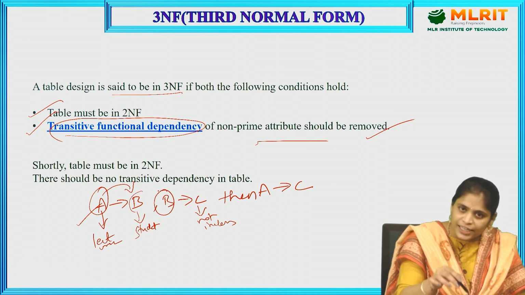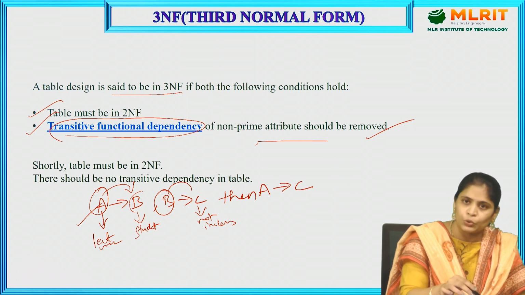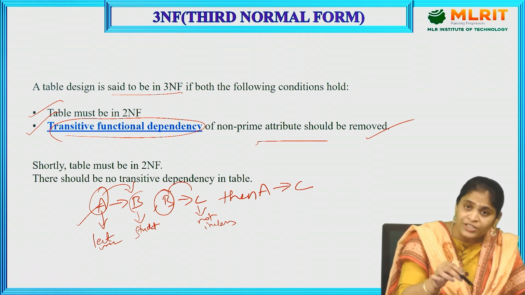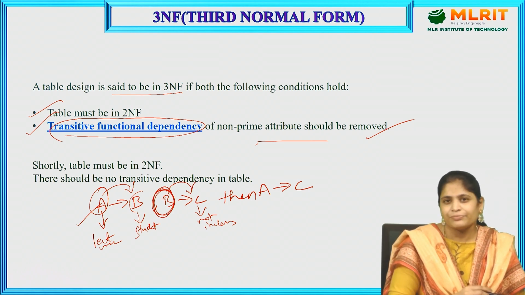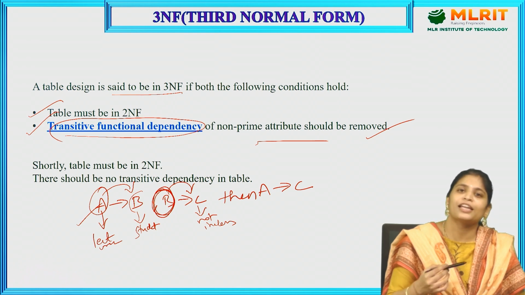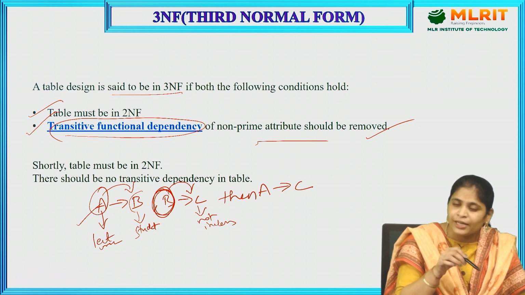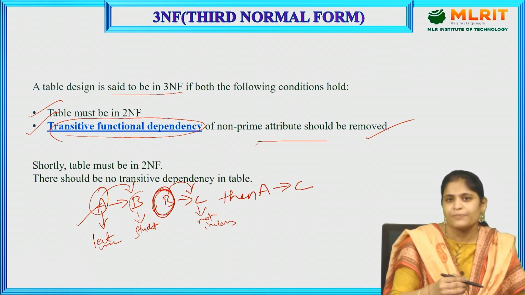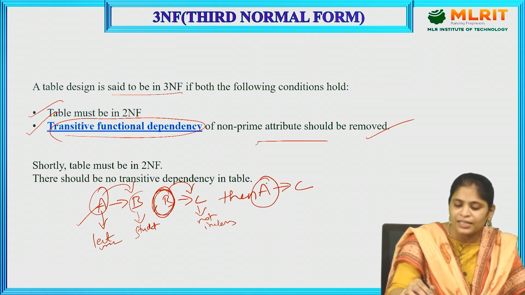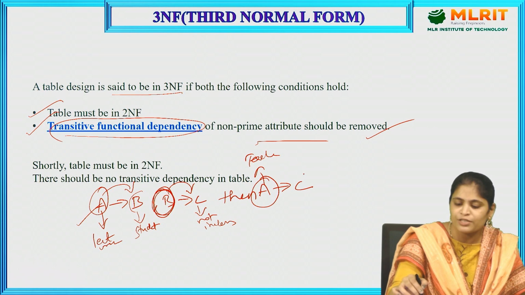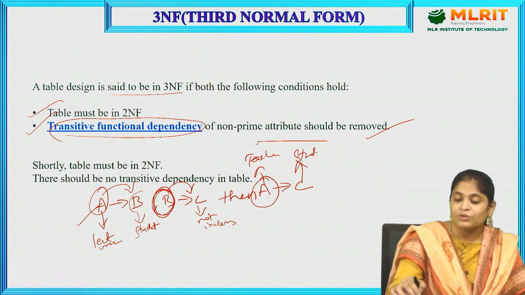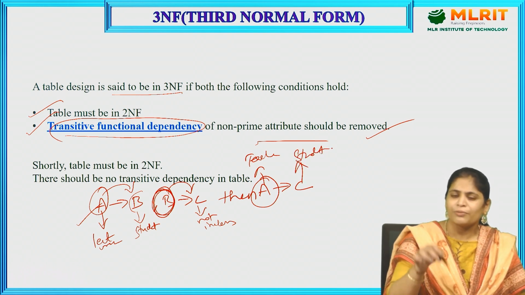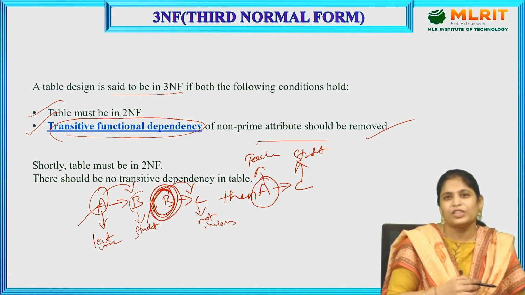B delivers the lecture, whatever I have told, to C. Then indirectly I can claim that the teacher delivers the lecture to a student who is not in the class, with the help of B. That is the indirect way of representing it.